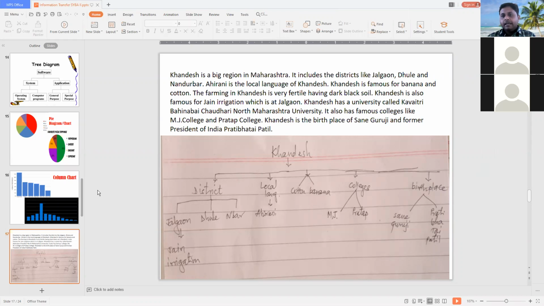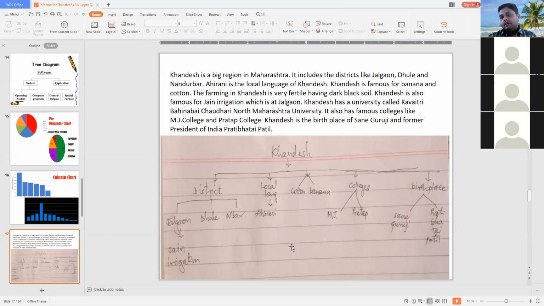The important words we took were the districts Jalgaon, Dhule, and Nandurbar. Jalgaon has further information, that is Jain Irrigation. We also highlighted cotton and banana, with the local word Hirani.